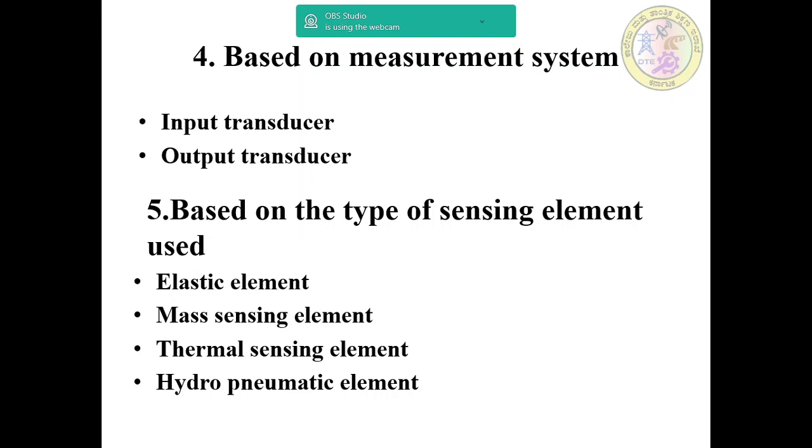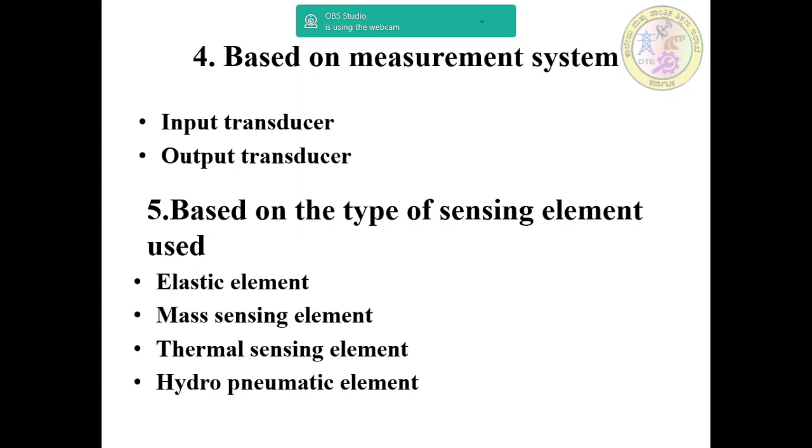Output transducers convert electrical signals back into non-electrical signals. According to whether they make physical contact or not, output transducers are again divided into contact output transducers and non-contact output transducers.